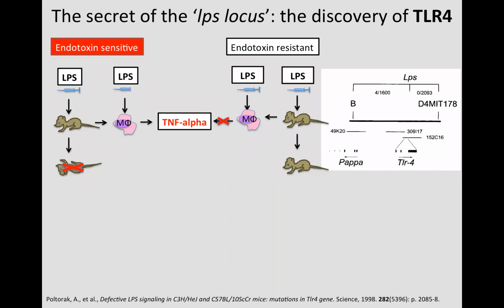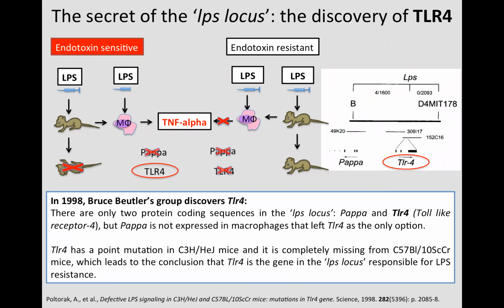So he looked closely at the LPS locus, and he found that there were only 2 genes in that locus, the Papa gene and TLR4. And since Papa was not expressed by macrophages at all, TLR4 was the only possible suspect. And it turned out that actually it was TLR4. TLR4 is the receptor of LPS, and this one suffers a point mutation, or it's completely missing from these LPS resistant mice.